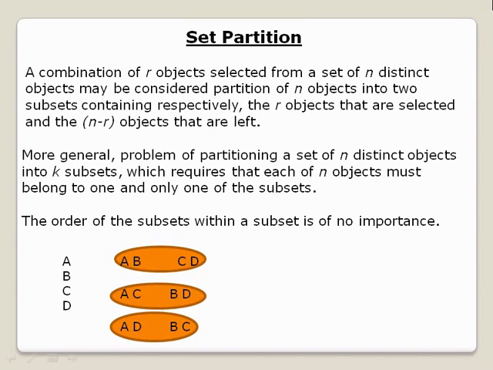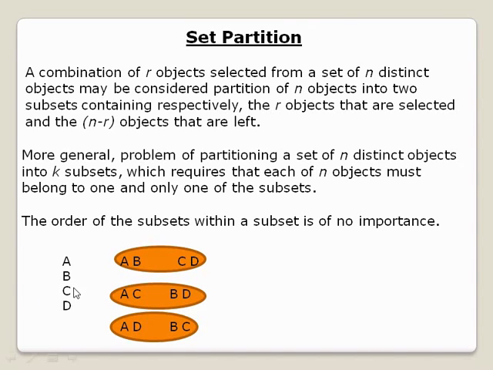A more general problem is partitioning a set of n distinct objects into k subsets, which requires that each of the n objects must belong to one and only one of the subsets. The order of the subsets is of no importance.